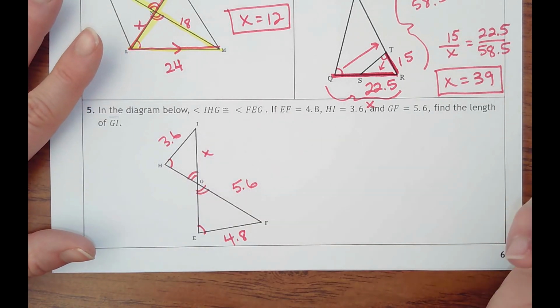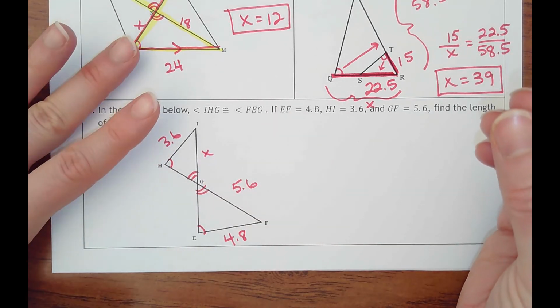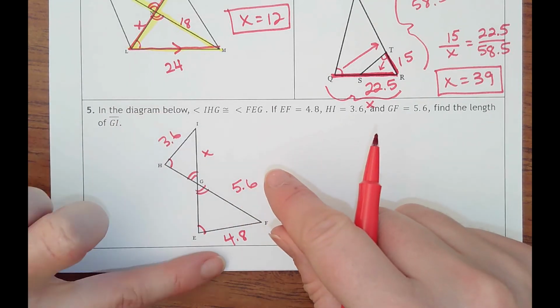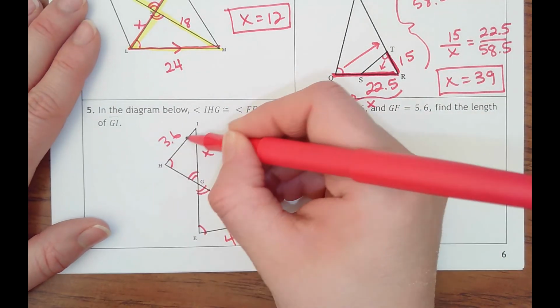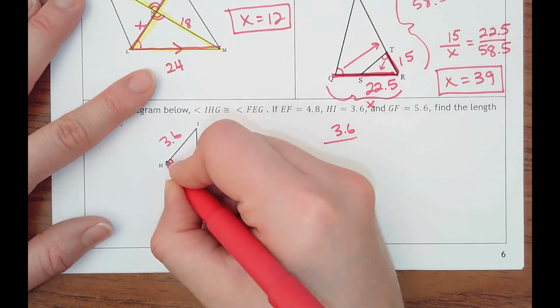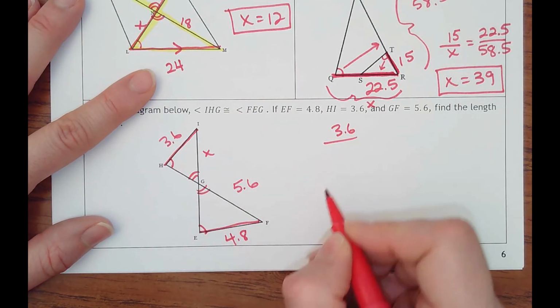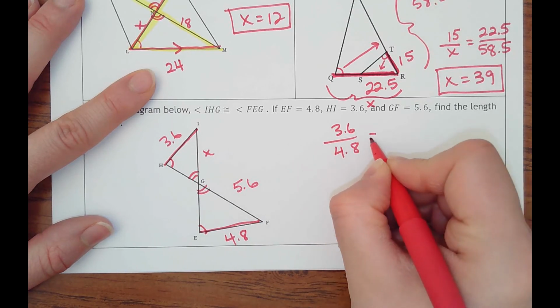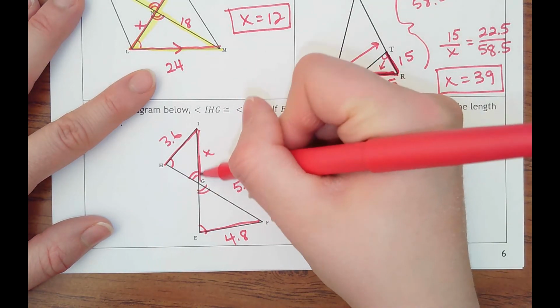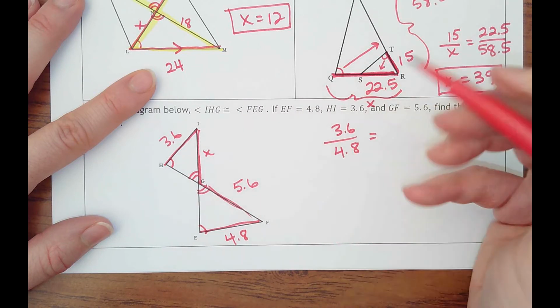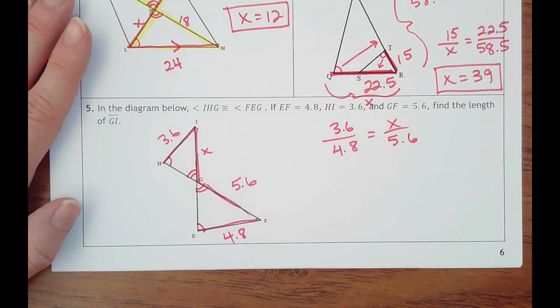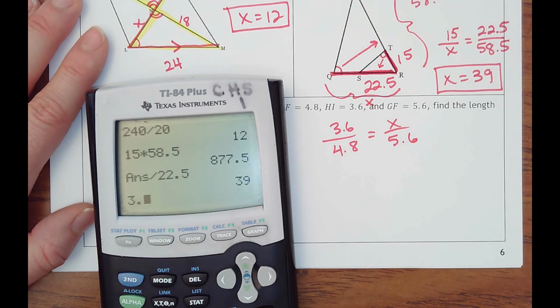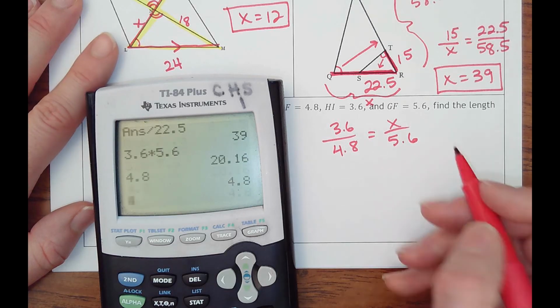So this one is not where they're really twisted, almost like a reflection over point G is what I'm seeing. And so this 3.6 side should be corresponding to 4.8. And then I would see X is corresponding to 5.6. You get 4.8.